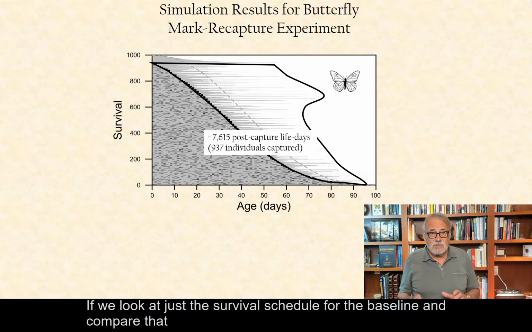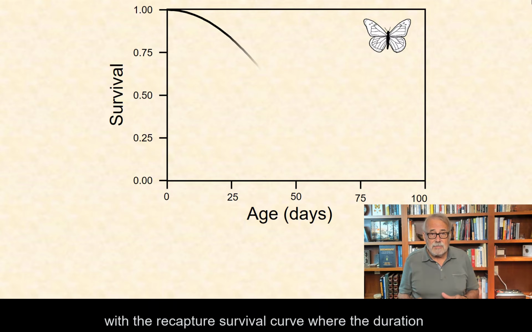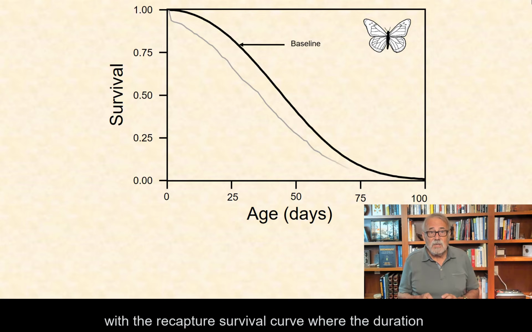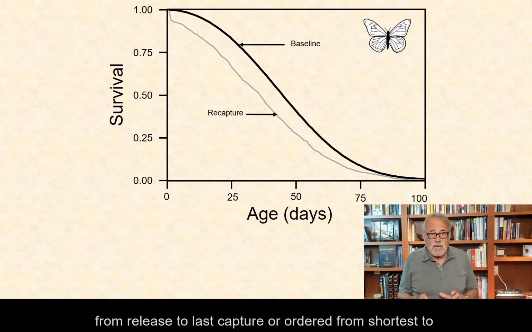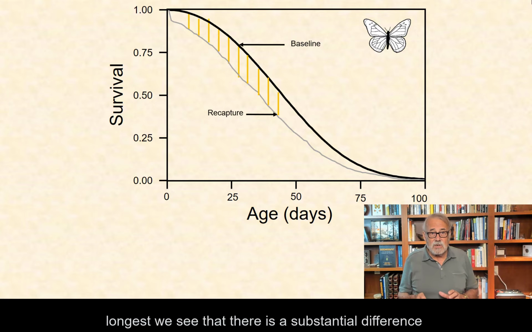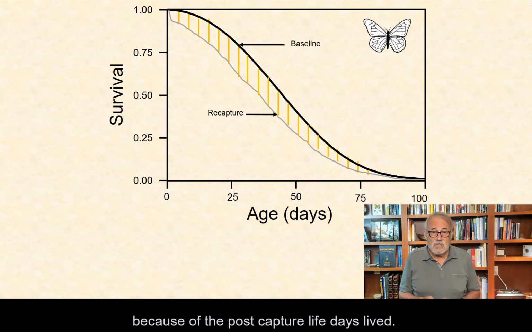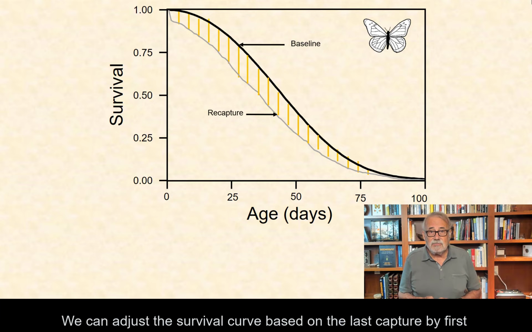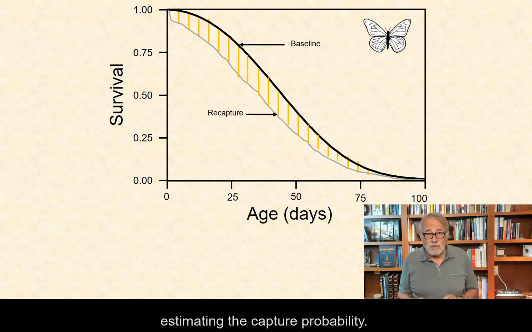If we look at just the survival schedule for the baseline and compare that with the recapture survival curve, where the duration from release to last capture are ordered from shortest to longest from top to bottom, we see that there is a substantial difference because of the post-capture life days lived. We can adjust the survival curve based on the last capture by first estimating the capture probability.